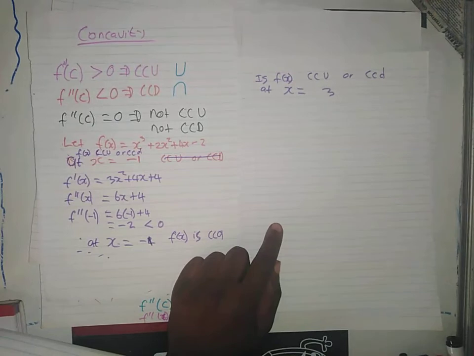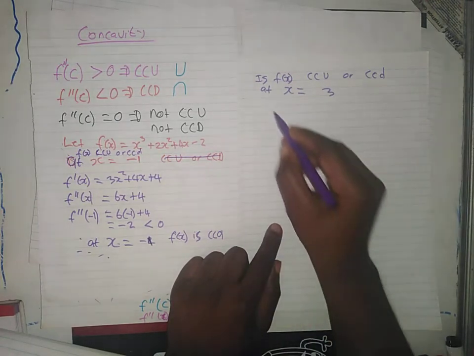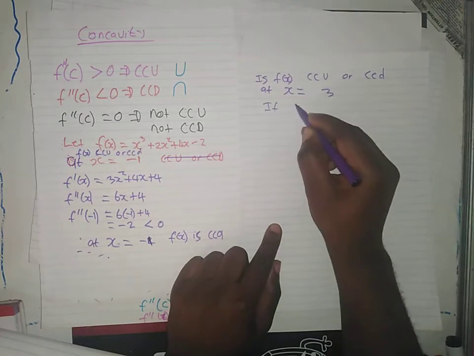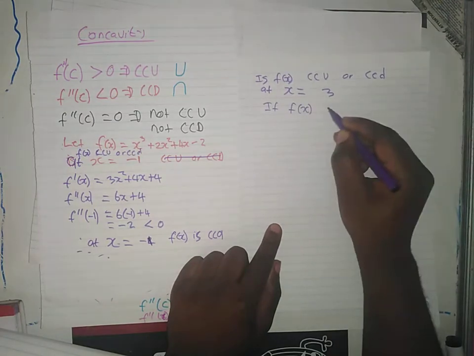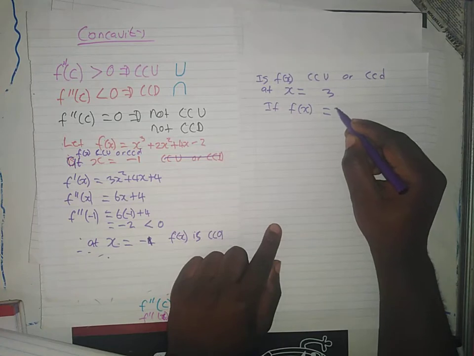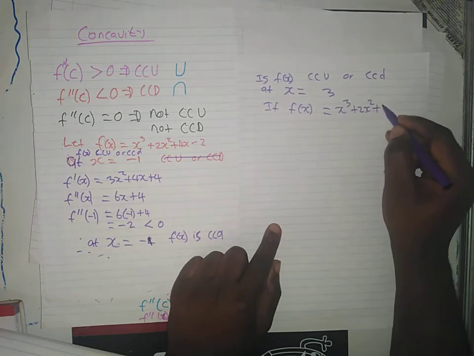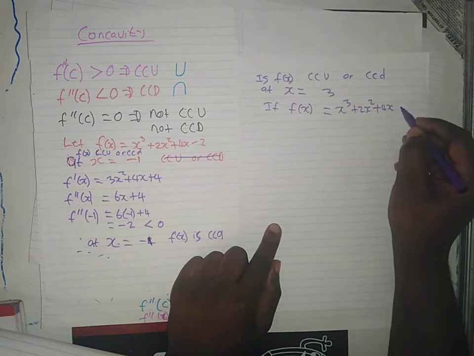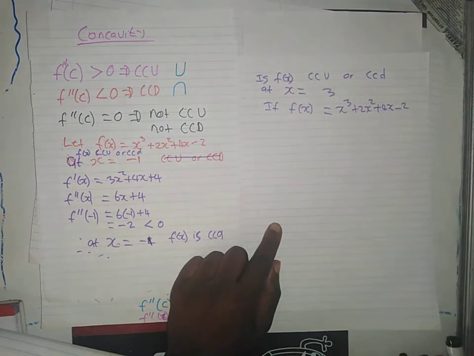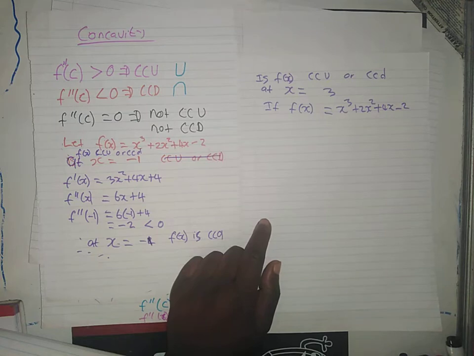Let's continue with this one: f at x is equal to x to the power 3 plus 2x squared plus 4x minus 2.